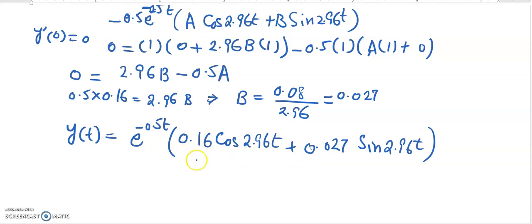The plot of this curve will be oscillating, and since it is multiplied by e power minus 0.5 t, it will be gradually decreasing in amplitude.